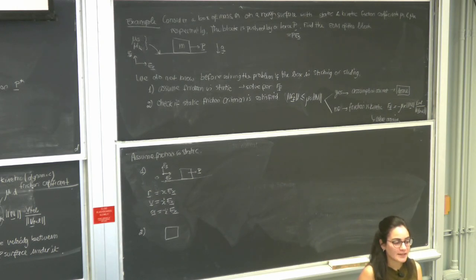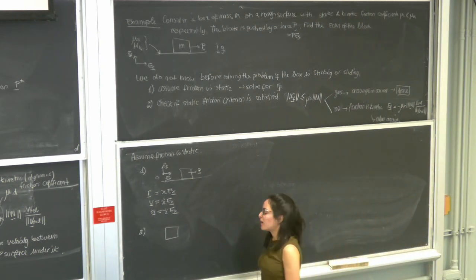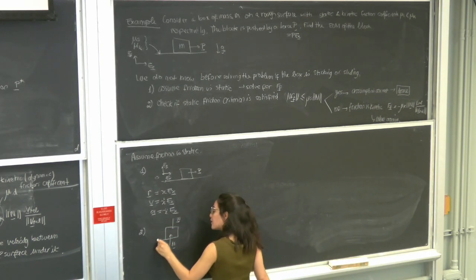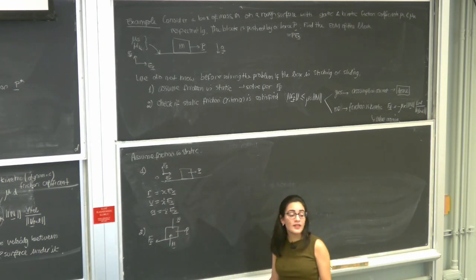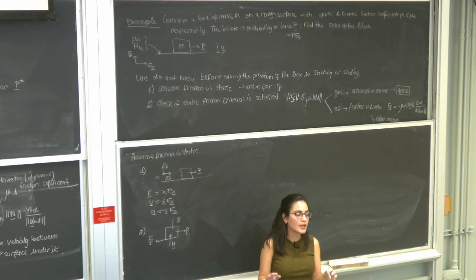Weight, normal, friction, and the force P. So that's 4. Anything else? I don't think so. Weight, normal, friction force, and P. Here friction is static, so I do not actually know if it's pointing this way or the opposite way. It doesn't matter.